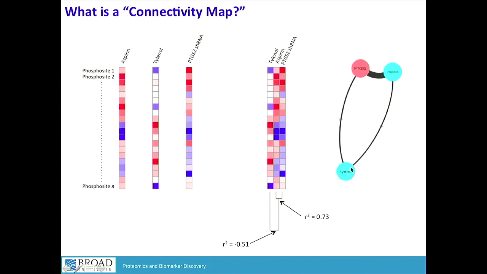And then we can link them up with lines, and we can say that the weight or the strength of this line is proportional to the degree of correlation between them. So this cartoon here that I'm showing you is simply these data with the correlations plotted in a visual way. And then it's very intuitive that the aspirin treatment is closer to knocking down PTGS2 than either Tylenol.